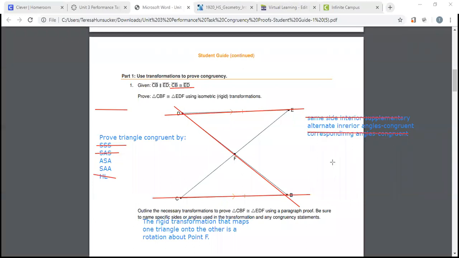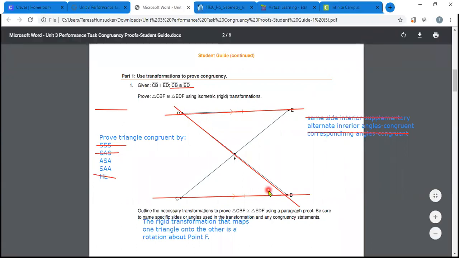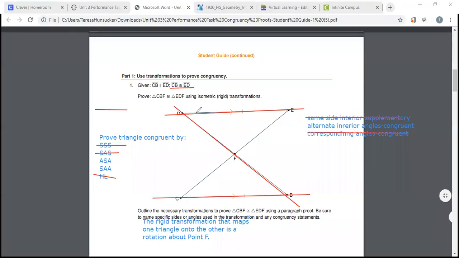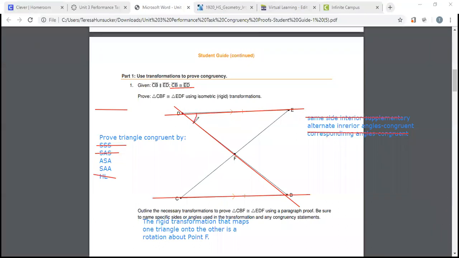But alternating means back and forth. So what about this angle here and this angle here? They are alternate interior angles and they are congruent. So I'm going to say that angle EDF is congruent to CBF by the alternate interior angles theorem.